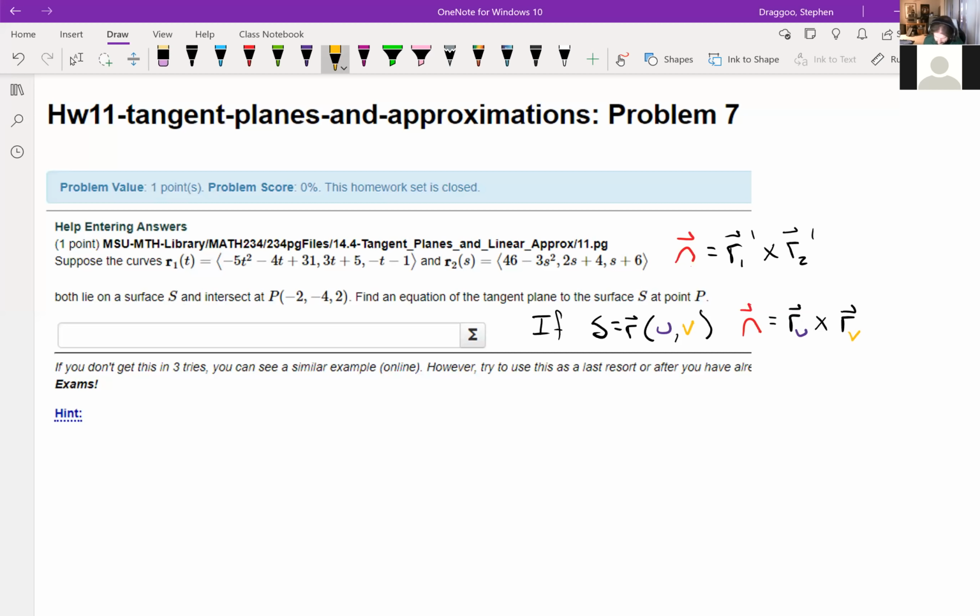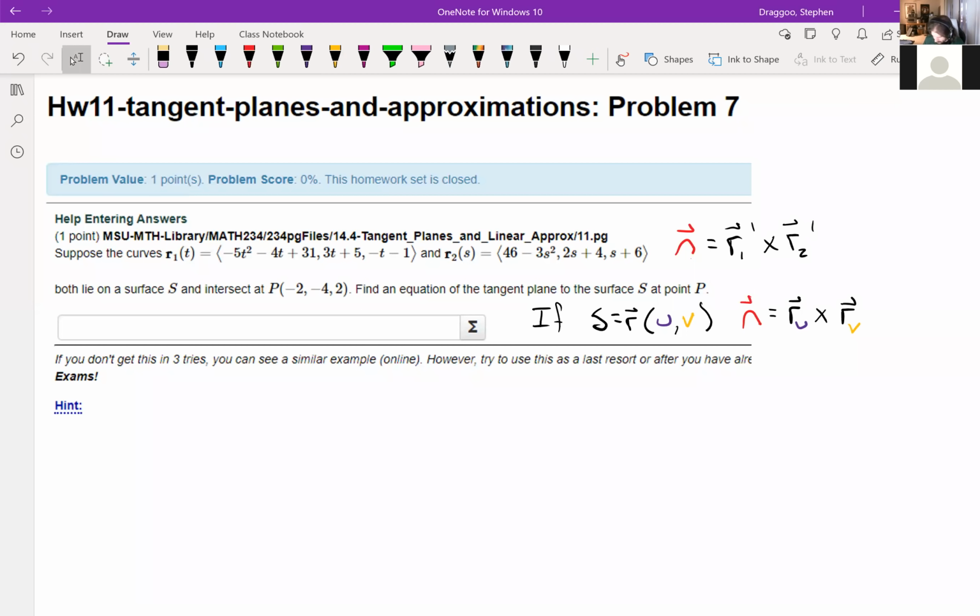So let's start by discussing how to find what S and T are. We already know the point of intersection. It's at (-2, -4, 2). But we want to figure out what S and T are at that particular point.